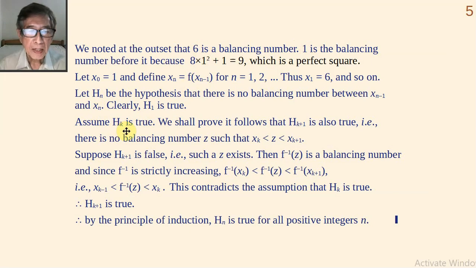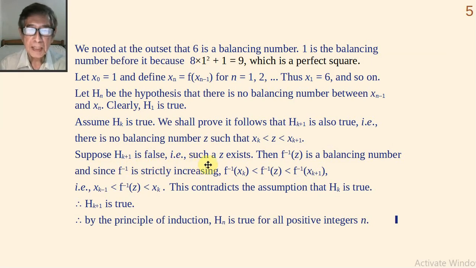Assume that Hk is true. We shall prove it follows that Hk plus 1 is also true. That is, there's no balancing number z such that z is between xk and xk plus 1. Suppose, on the contrary, that Hk plus 1 is false.